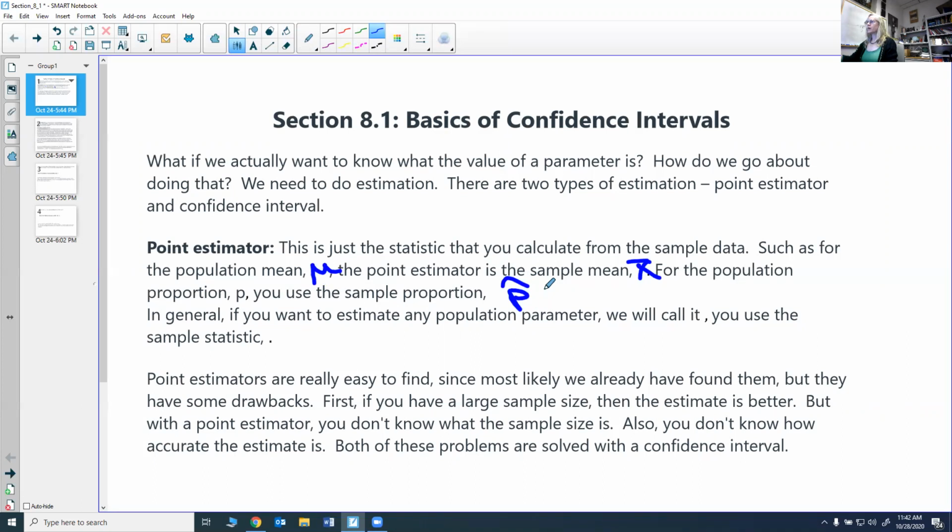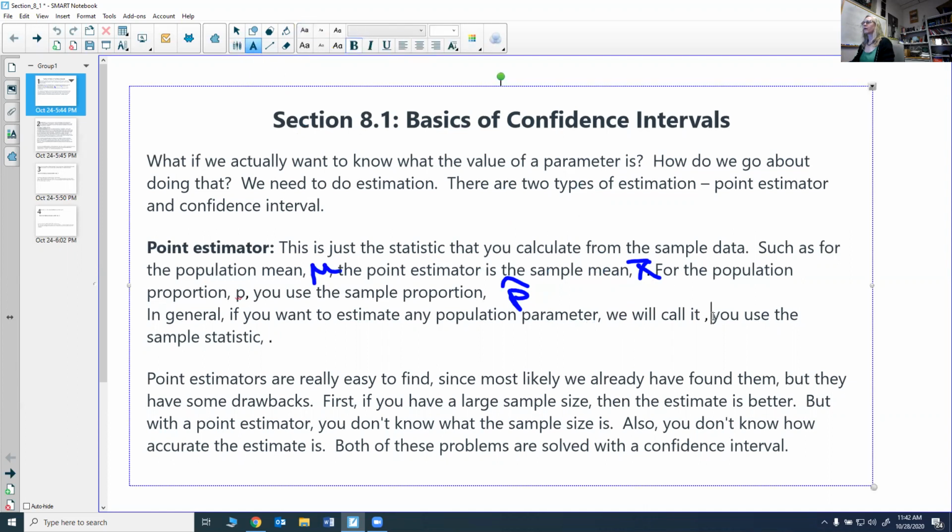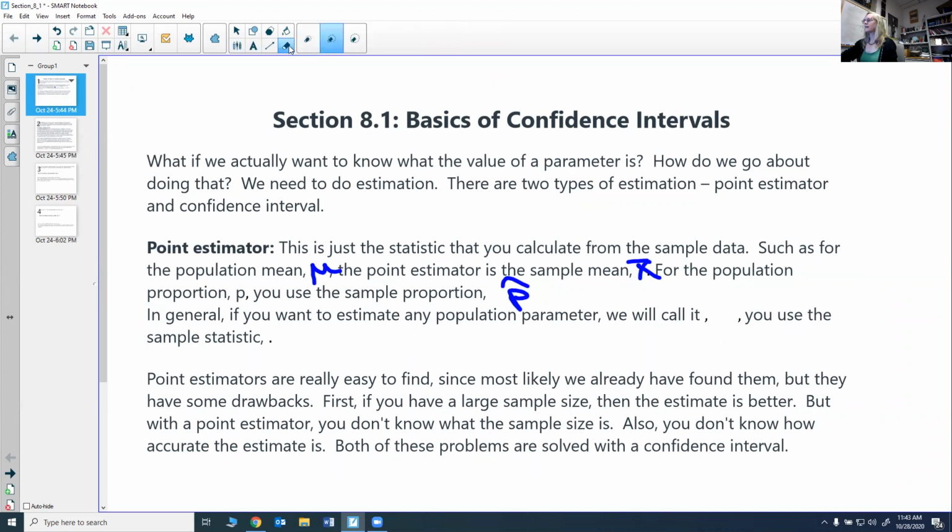So in general, if we want to estimate any population parameter, we can call it a certain symbol, let's say we call it theta. You can do anything you want; you don't need to use a symbol at all. You just want to find some population value.